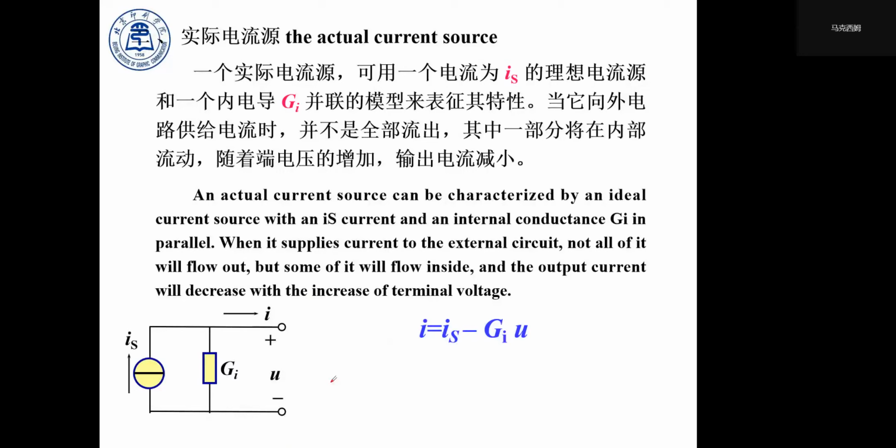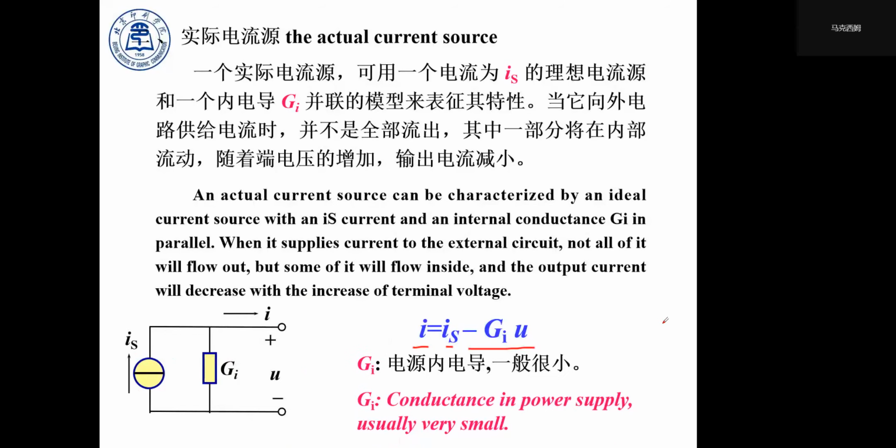So from the outside view, we see that it will have a current I equals Is minus G1 times U. U is the outside voltage, which is also the voltage on the conductor's branch and the voltage on the current source branch.